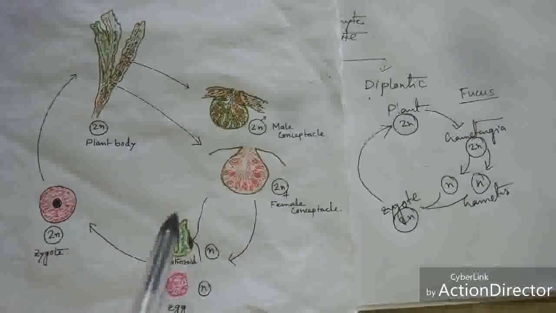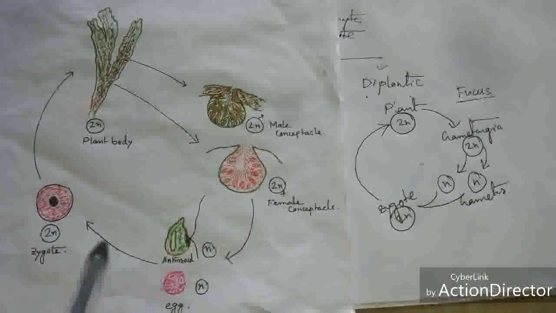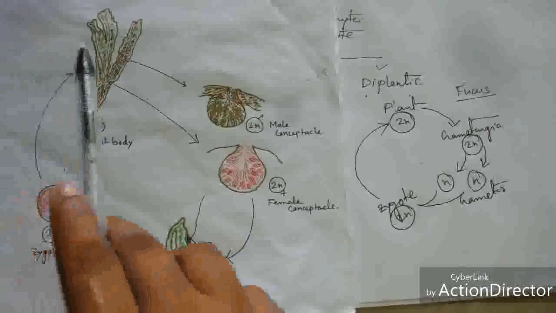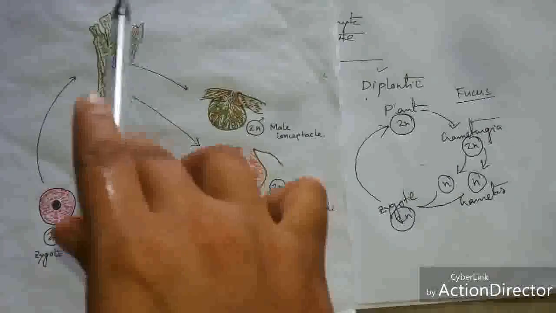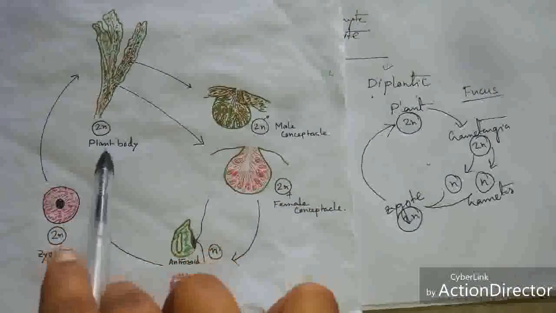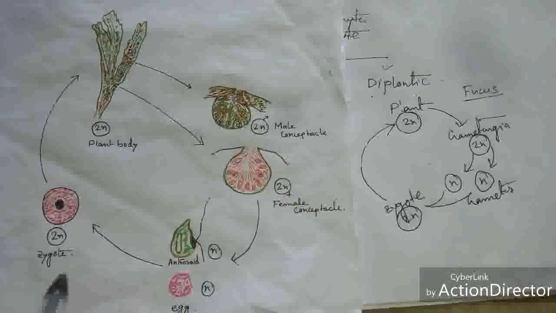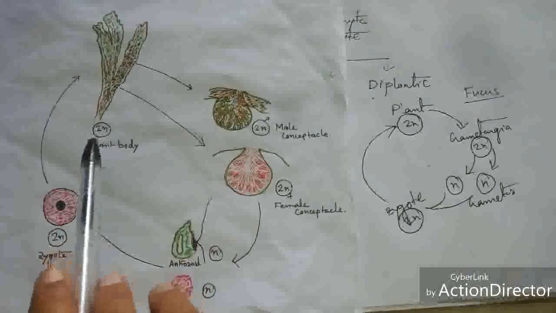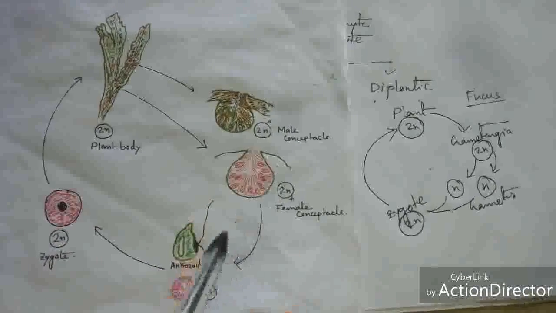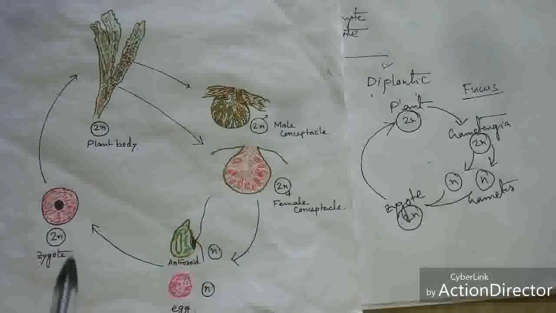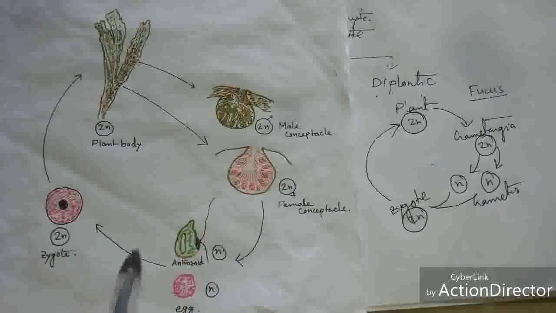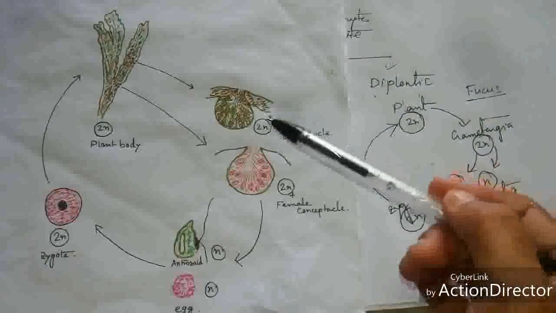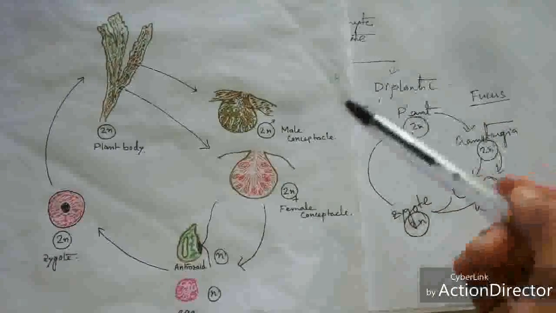After fusion they produce the zygote, which is 2N, and this zygote directly produces a Fucus plant, which is diploid. So in this life cycle the plant body and all the phases are diploid except the gamete stage. This is called the diplontic life cycle.